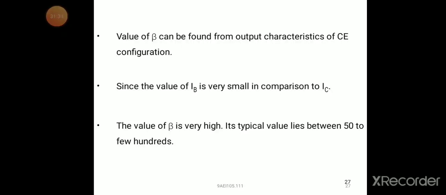Two features we already discussed: the input resistance. Input resistance of the common emitter is low compared to the common base. Output resistance is not high, it is moderately high compared to the common base.